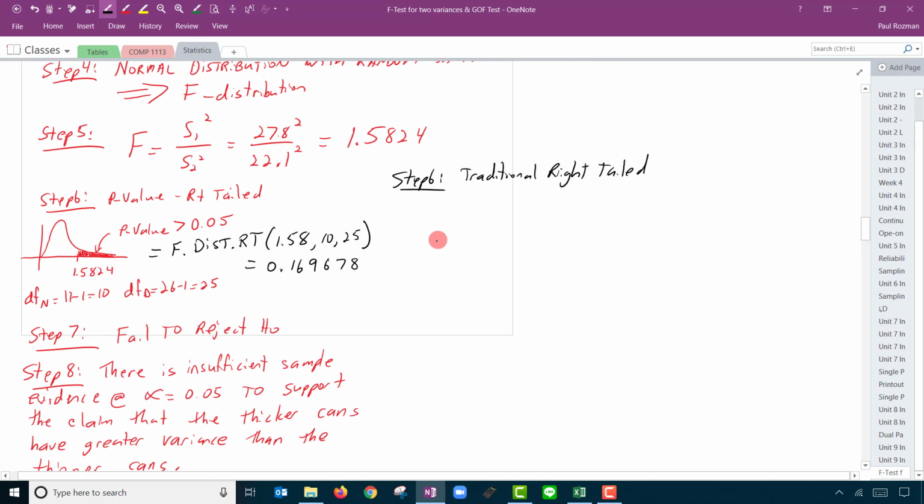So we'll do a traditional right-tailed test. In that case, we're looking for a critical value, f sub alpha, where the area to the right here is alpha, and our degrees of freedom are 10 and 25.